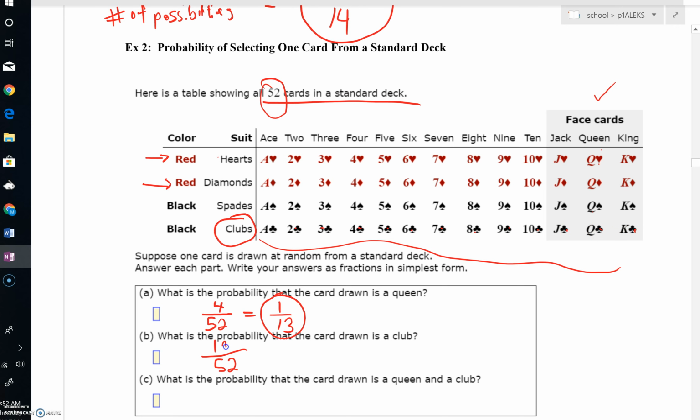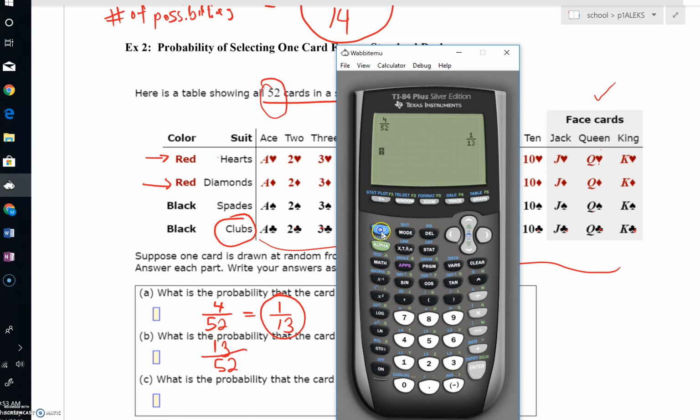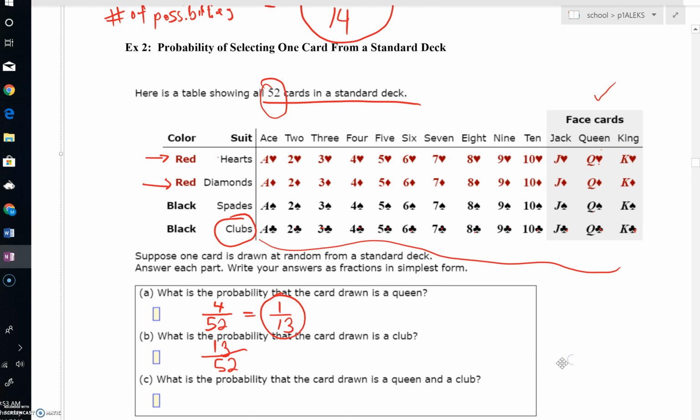There are 13 cards with a club on them. So, tell you what, we could even simplify so we don't have to completely make the fraction show up again. This time you'd get 1/4. A 1 out of 4 chance that somebody would draw a club.